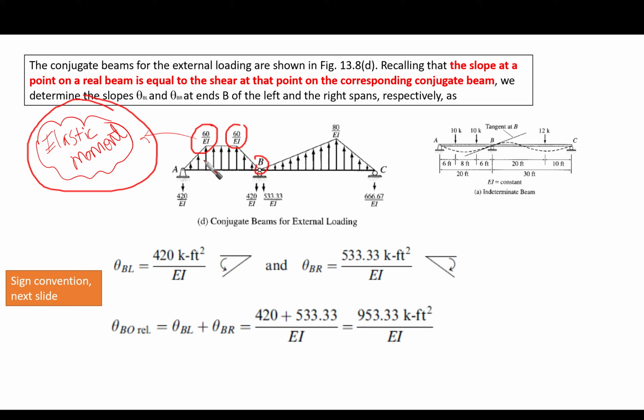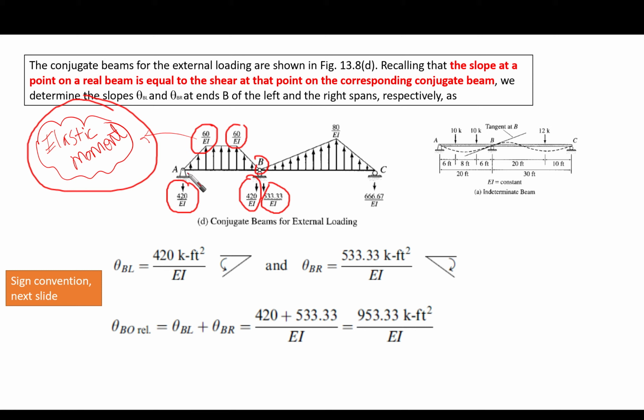As you can see here, the arrows are heading up, and whenever we calculate the reactions and the shear of this conjugate beam, the shear of the conjugate beam equals the slope of the real beam. I know that you know this very well. If you are not familiar with this or you forgot about it, you can revisit the textbook or your notes for structure analysis 1.